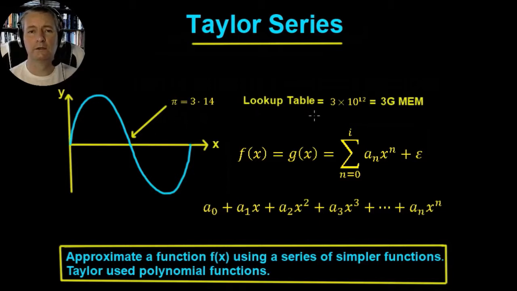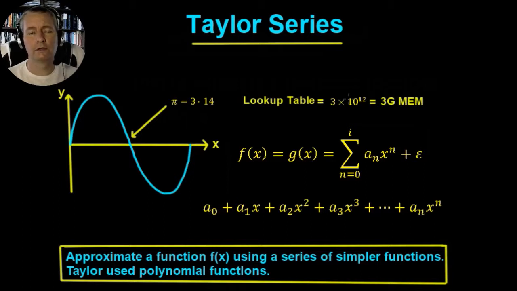That means you would need approximately 3 times 10 to the 12 memory locations, so you would need 3 gig of memory. Now that's clearly not what happens, because calculators were available in the 1970s and they didn't have 3 gig of memory, so there's something else going on in the background here.